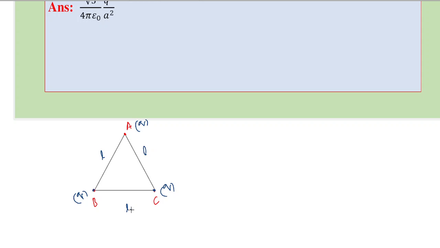We need to find the force on any one charge. So let us find the force on any one charge. We will take that point as point C. So let us find the force on the charge kept at point C. In this case, charges kept at point A and point B will exert a force on the charge kept at point C, and we need to add those forces by vector addition.